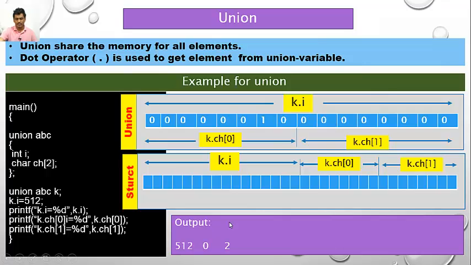If we use the first element, we skip the other elements. We use only any one element and skip the others. If we assign i, we access the value from i. We don't use ch. If we assign ch, we access the value from ch only. We don't use i.